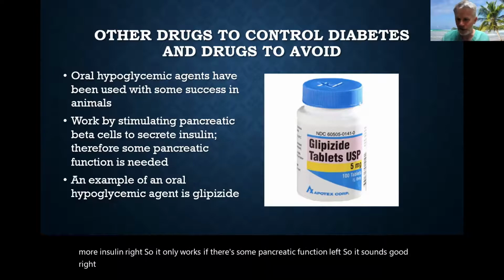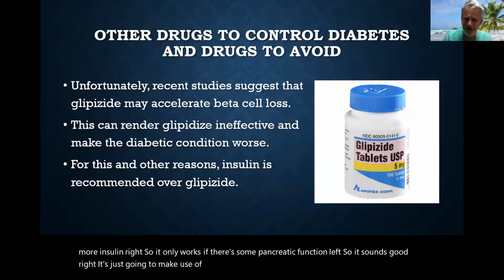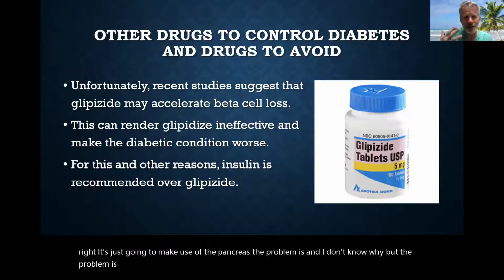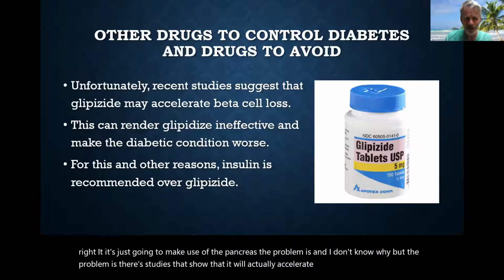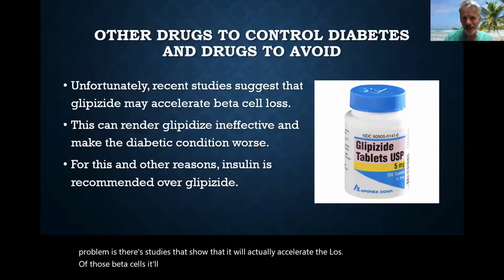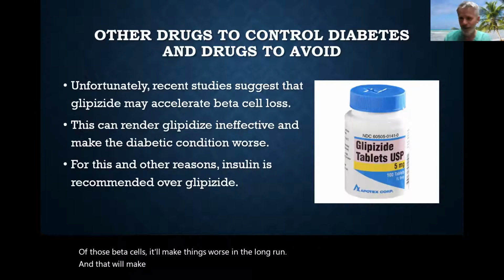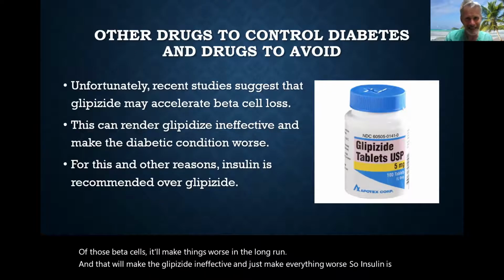It's just going to make use of the pancreas. The problem is, and I don't know why, there are studies that show that it will actually accelerate the loss of those beta cells. It'll make things worse in the long run, and that'll make the glipizide ineffective and just make everything worse. So insulin is recommended, glipizide is not.